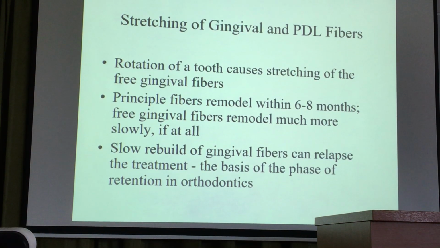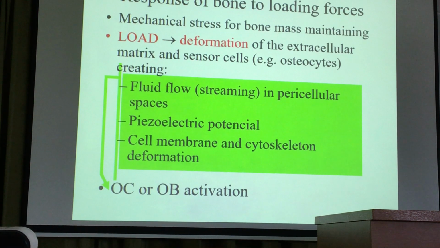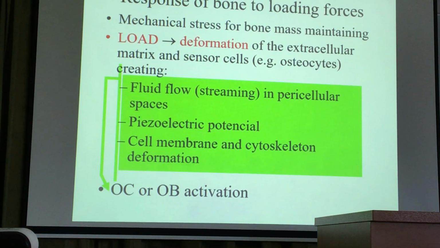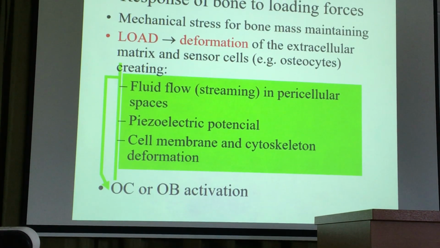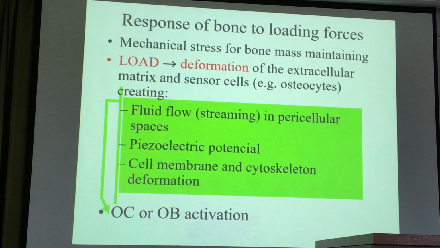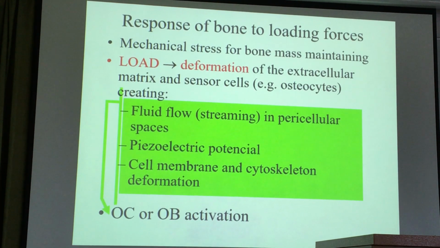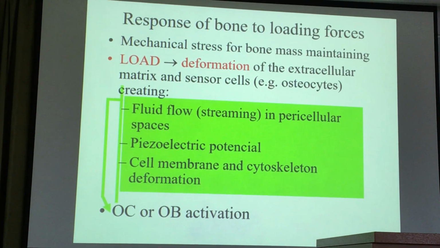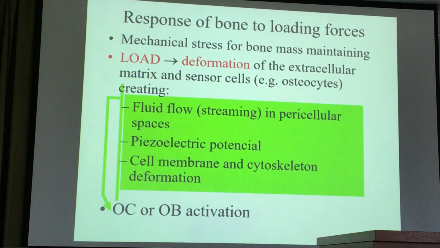Okay, and when you fail to exert this retention phase, the treatment result will relapse. Your gain in the treatment will disappear, because you have to stabilize the teeth, the straightened arch, in the straightened position.